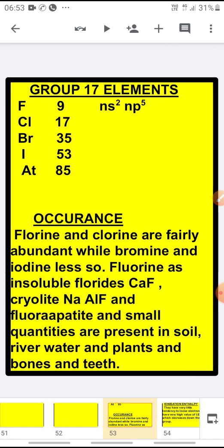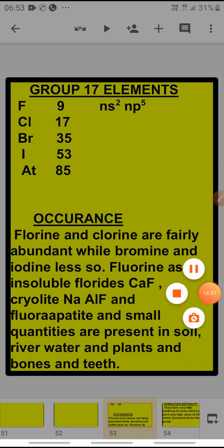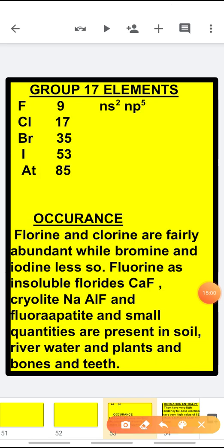Now next I'm starting with the group 17th elements. Now children, the elements that are present in group 17th of the periodic table are fluorine, chlorine, bromine, iodine and astatine. Astatine is a radioactive element, so we will not be talking much about this.